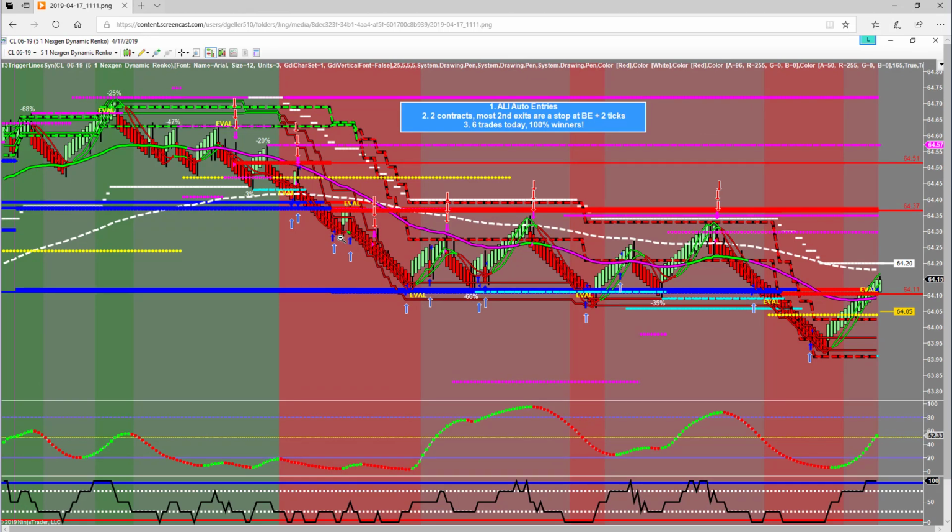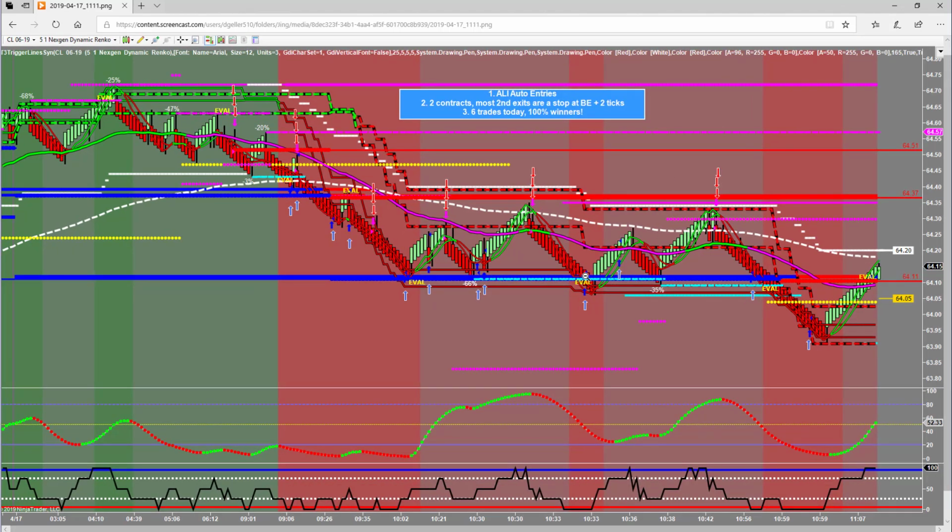Short again and got out, and then stopped out, short again and got out, short again and got out, short again and got out. It seems to me like you should just take all of your money at the target. It would work out better. Yeah, they're all winners, but it looks like you're giving away a lot of money on all of these. And then short, and only one time did it break through.